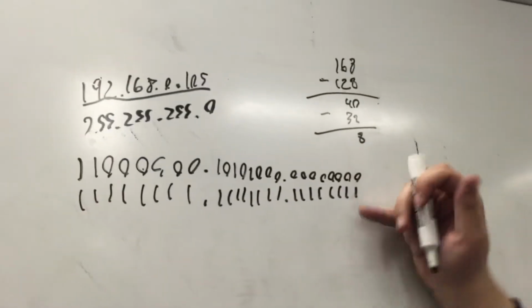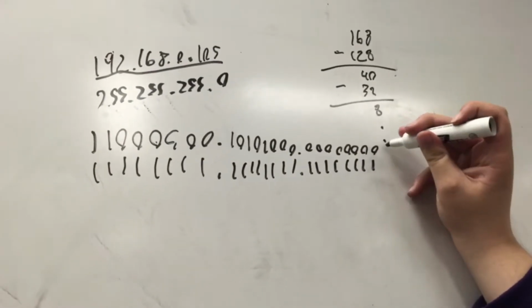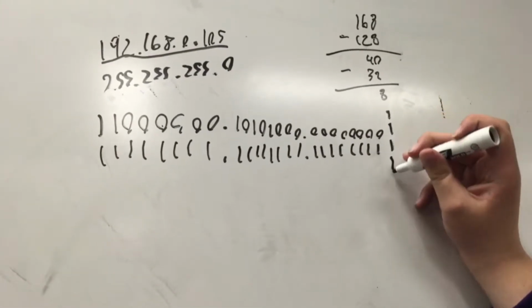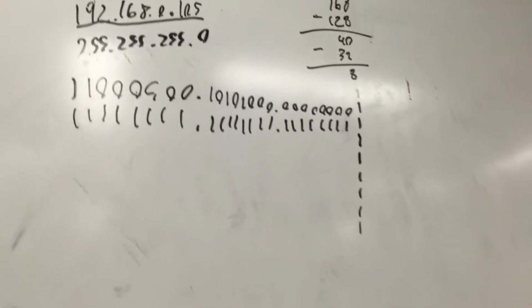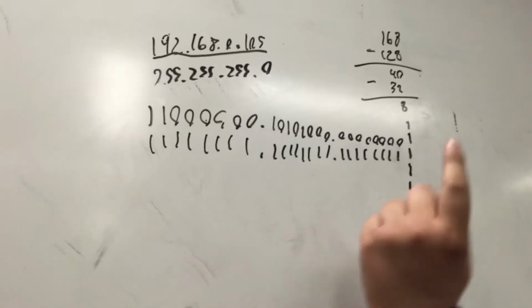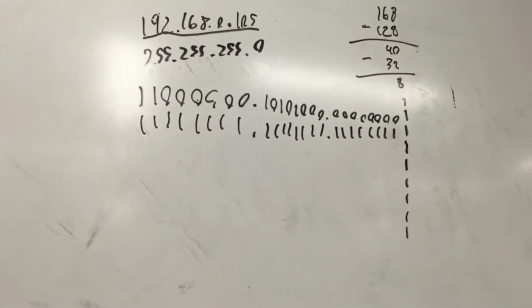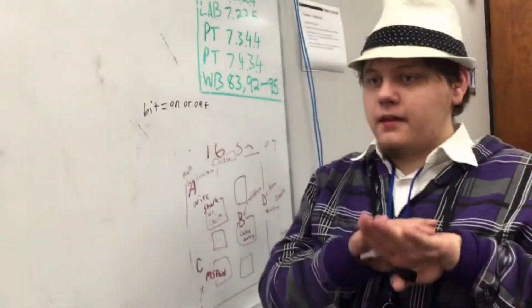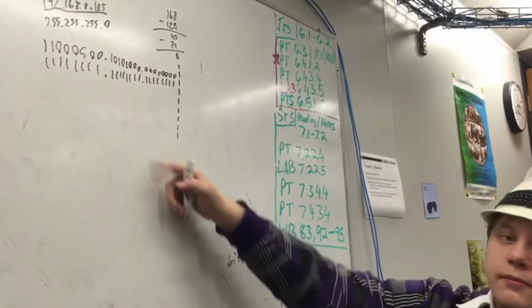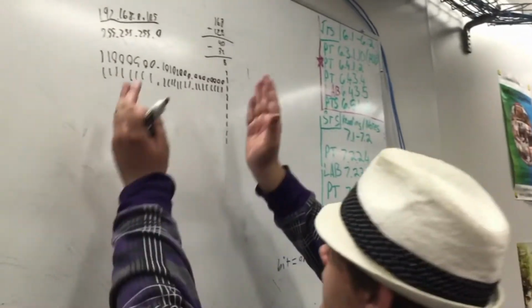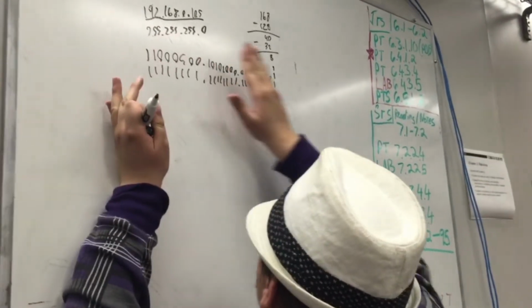Right here is where we hit our Great Divide. Basically, here's my family name. Everything that the subnet mask covers, that's why it's called a mask, it covers the IP address.